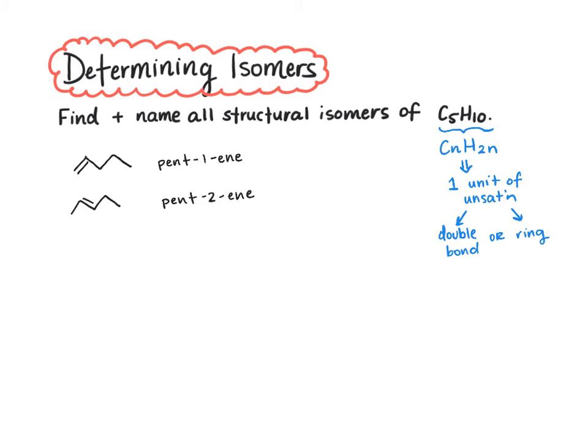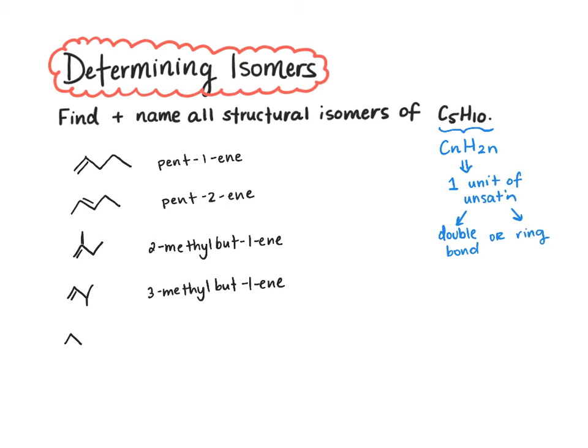Now I'm going to remove one of my carbons from the chain, so I'm going to make my parent chain 4 carbons, and I'm going to make that removed carbon a group. Once again, I'm just going to throw a double bond in at the beginning. So this is going to be 2-methylbut-1-ene. And then I can move that methyl group down, and I get 3-methylbut-1-ene.